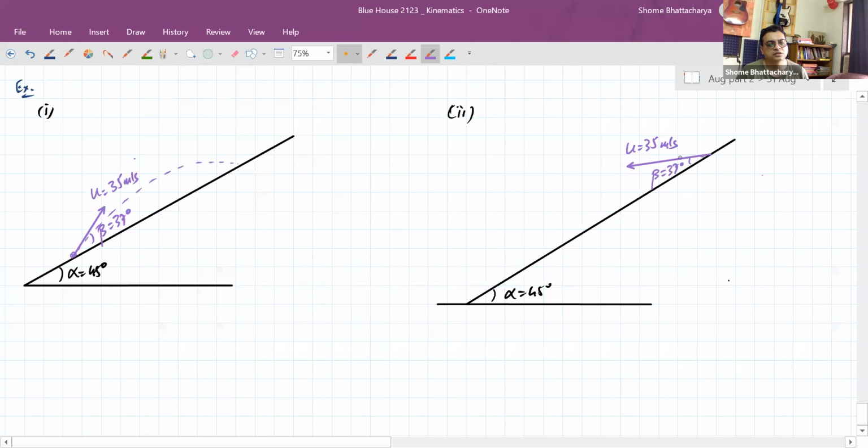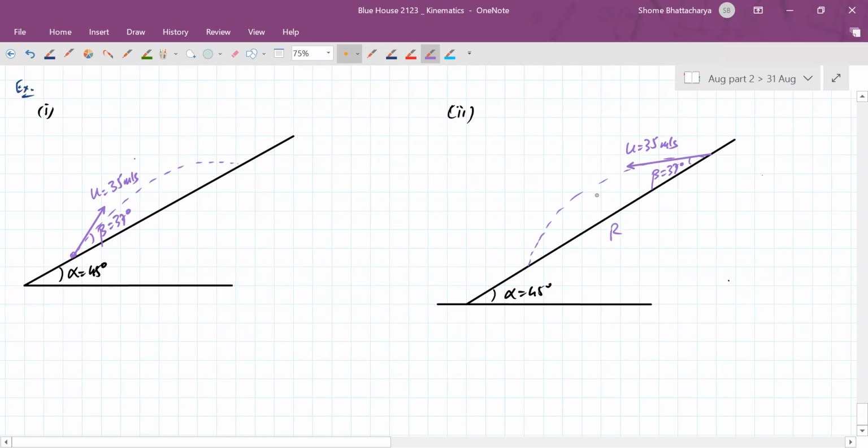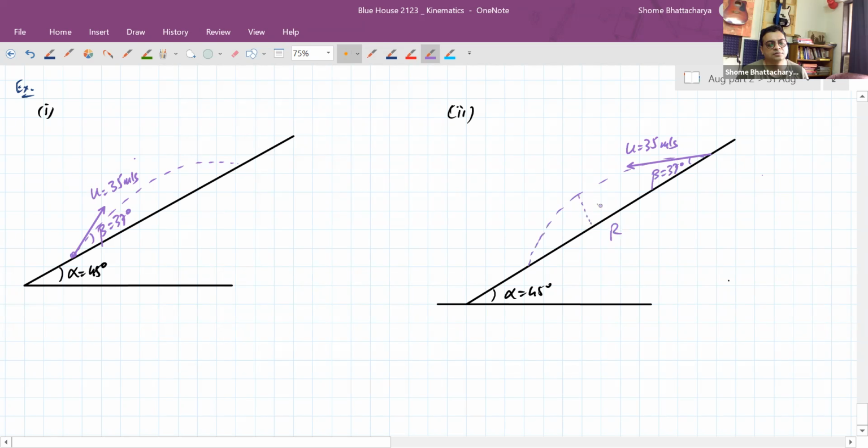Okay, in each of these cases, calculate the range, the maximum distance from the inclined plane, and the time at which it impacts. And we'll also calculate the impact speed. There's something new we'll do over here.